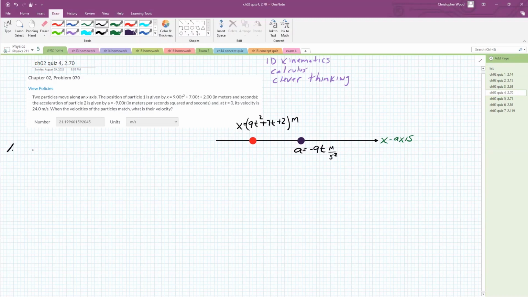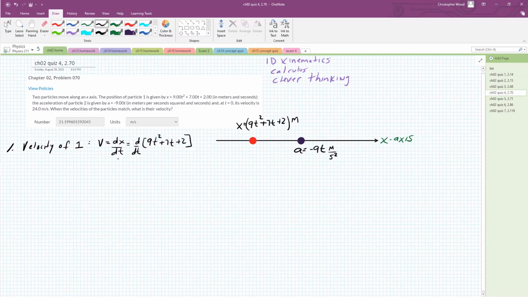So number one, here's the velocity of object one. Object one's velocity is the time derivative of the position function. And I know how to take the derivative of this position function because it is 9t squared plus 7t plus 2.